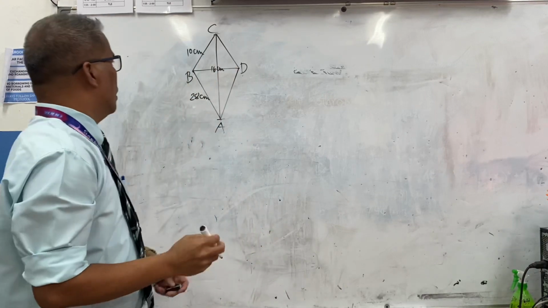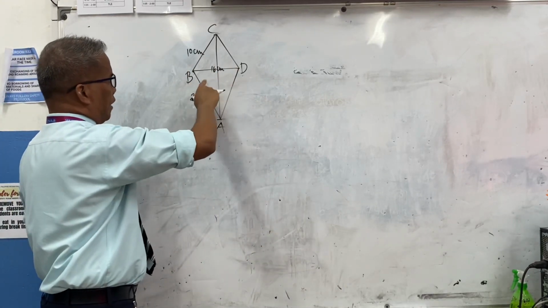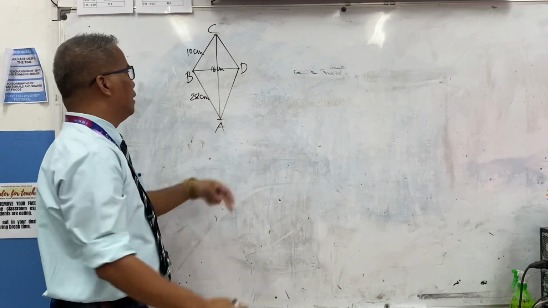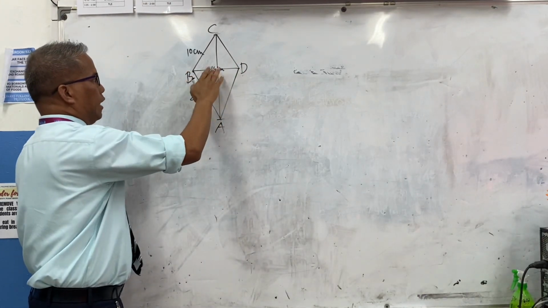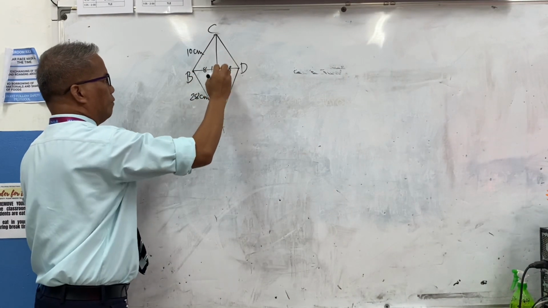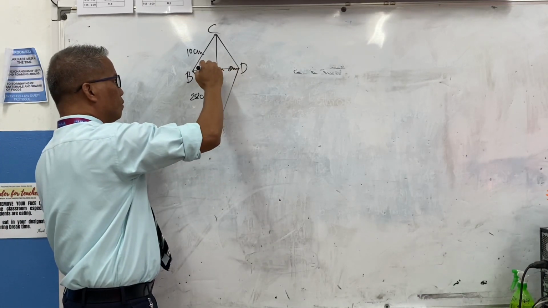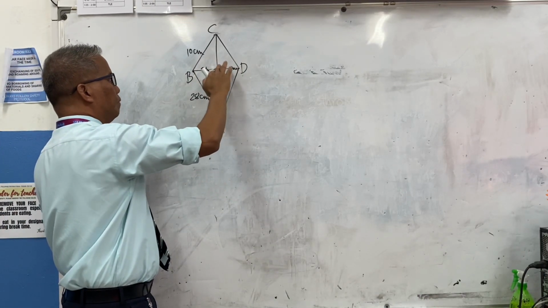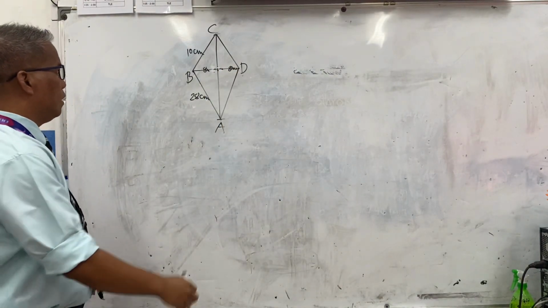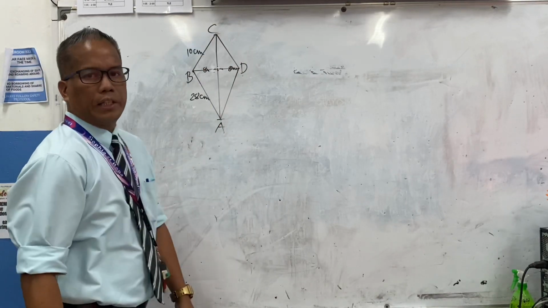Now, let us analyze the figure. The given shorter diagonal is segment BD. Since this is 16 cm, we can write 8 cm and 8 cm here.